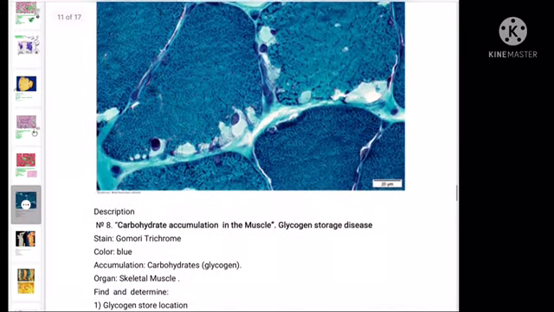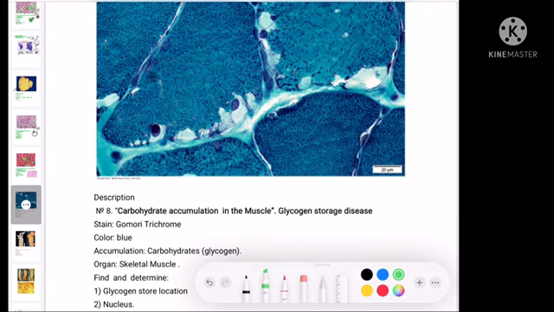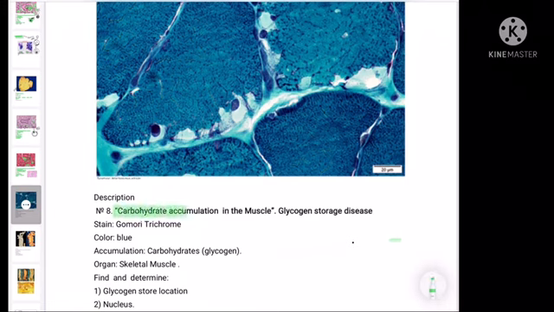The next one is again the same, but the staining is different. This is again the carbohydrate accumulation in the muscles, glycogen storage diseases. The staining is Gomori trichrome stain, which shows a blue color, bluish accumulation.